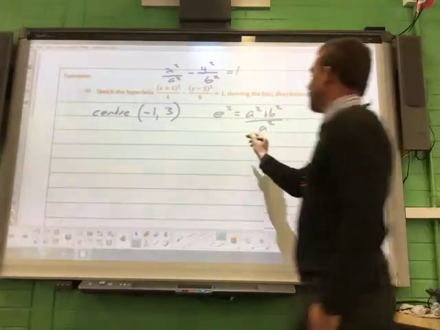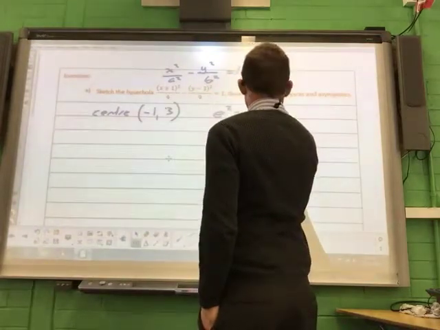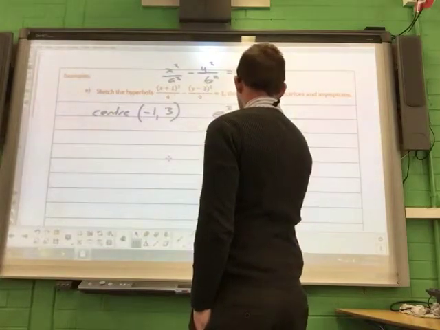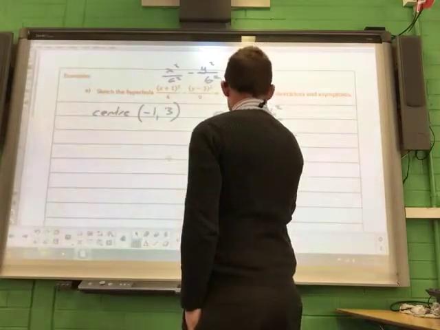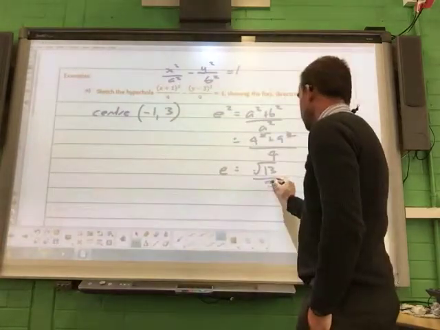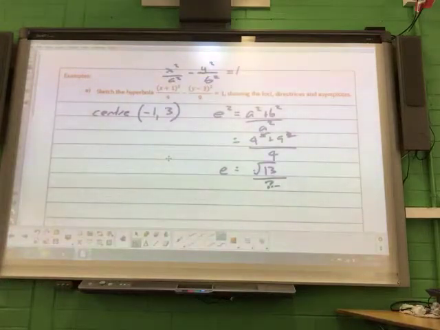Right, so 4 squared plus 9 squared, 4 plus 9 over 4. So E is going to be root 13 on 2, and you take the square root. Okay, so this sort of question will probably be worth about 3-4 marks at least.